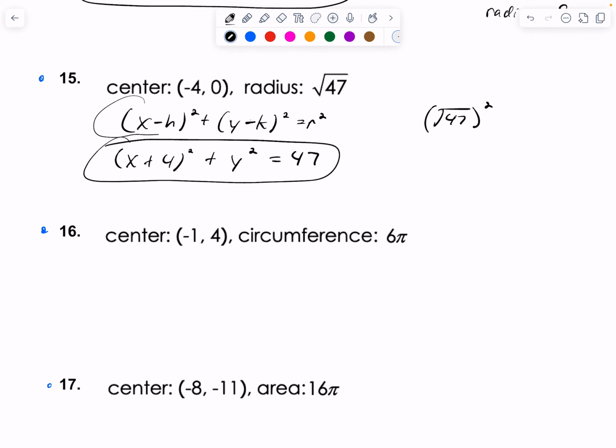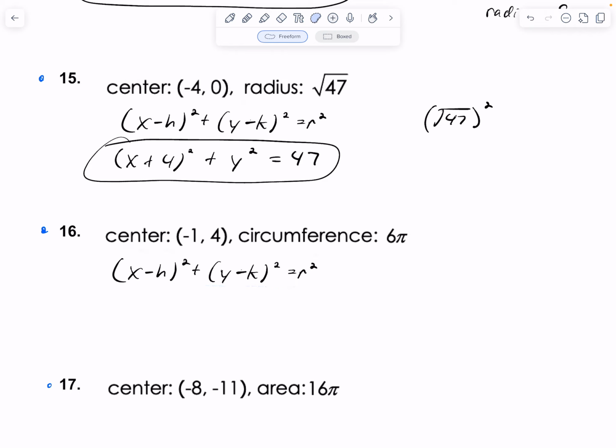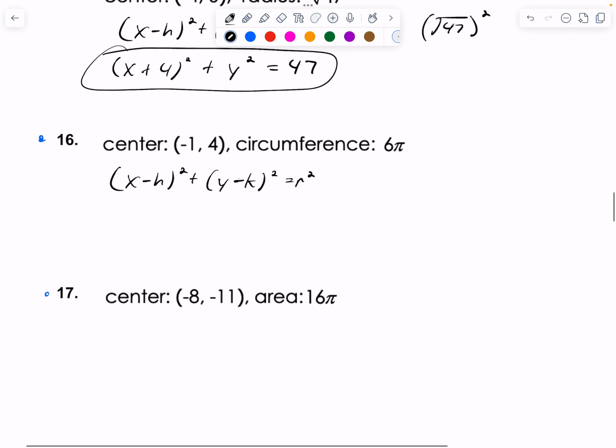Okay, let's do the next one. Again, I'm going to have my equation for the circle. There we go. Copy that. Okay. I already know the center, so I'm going to write down x plus 1 squared plus y minus 4 squared equals, now to find the radius, I am going to have to use this circumference formula of 2 times pi times the radius.